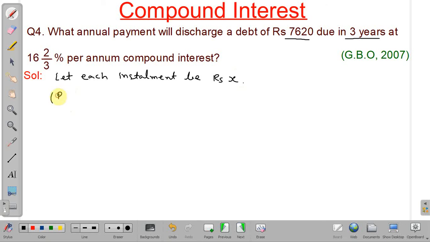So present worth of rupees X due 1 year hence.